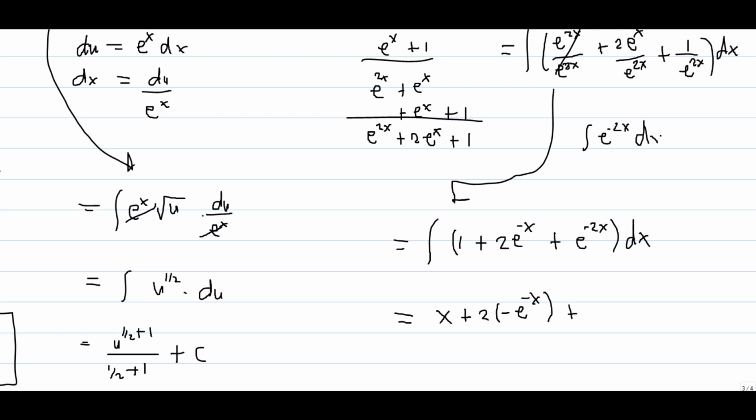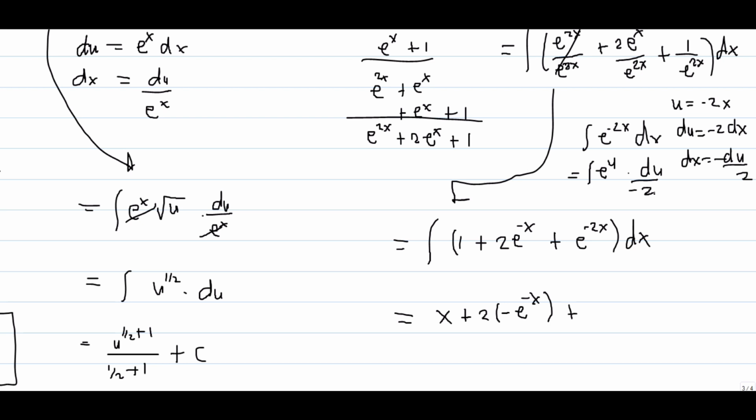So therefore, our u here is negative 2x. Then our du is negative 2 dx, where dx is equal to du over negative 2. So this becomes the integral of e to the power u times du over negative 2.